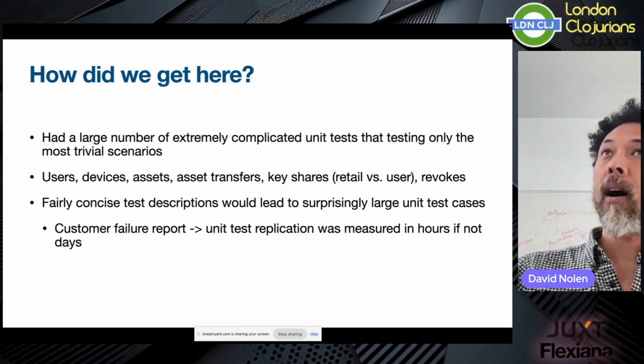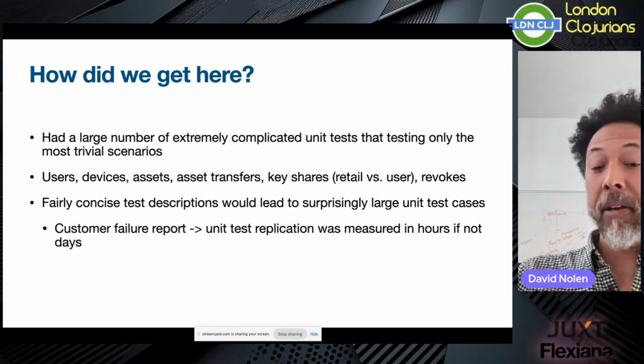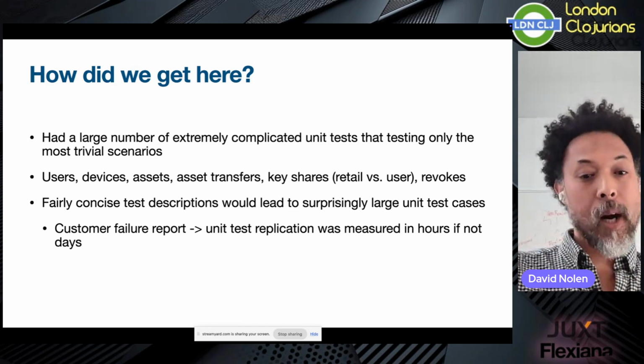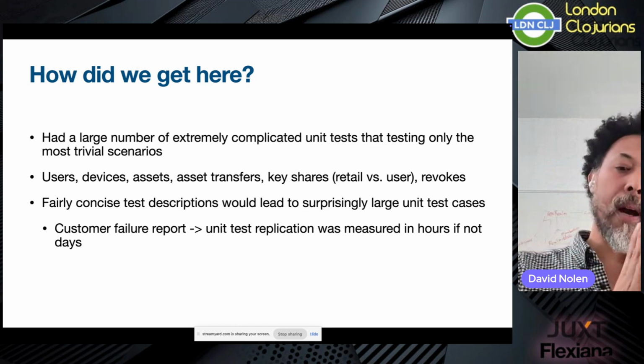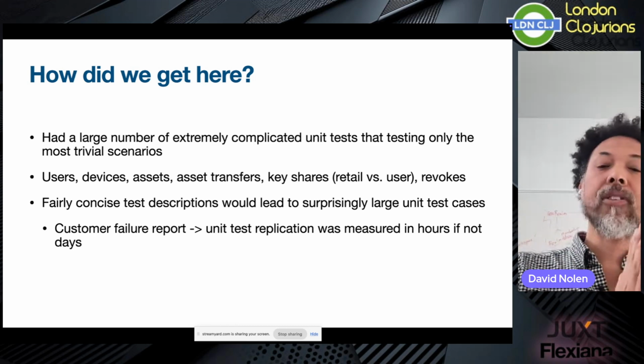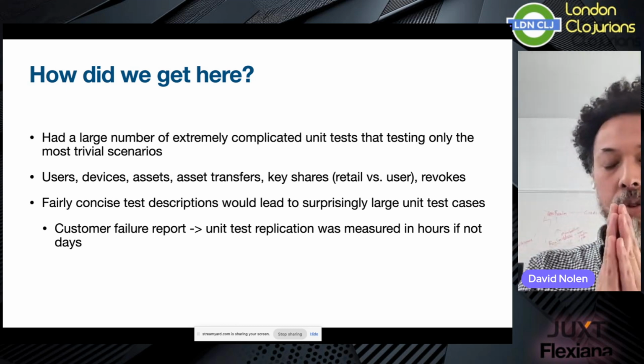Definitely early on, before we built the framework that later would be driven by our property-based testing, it would actually take a long time to reproduce this very concise description from the customer.